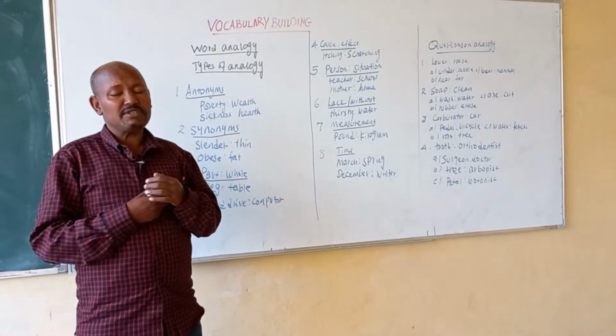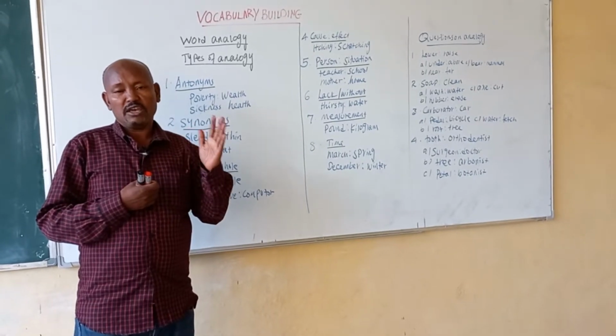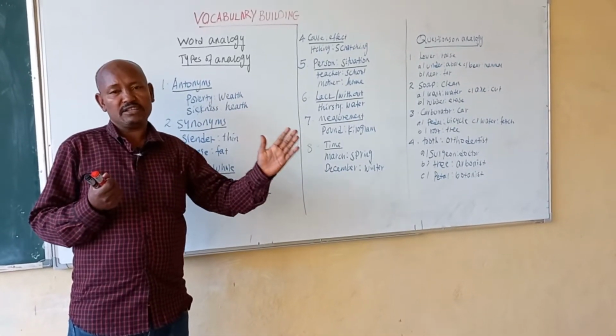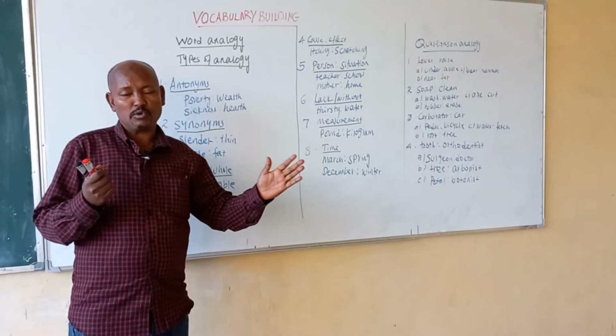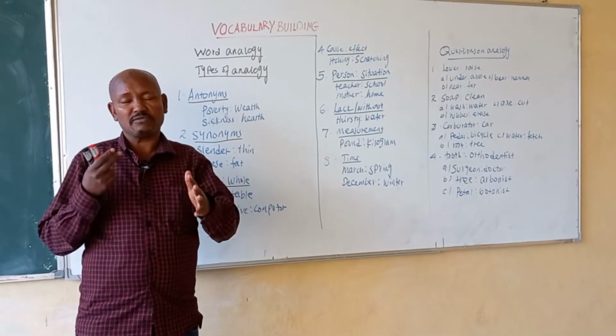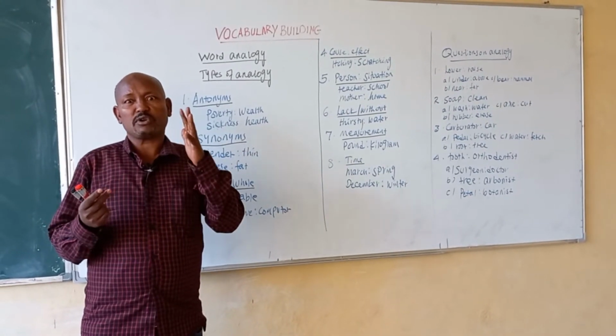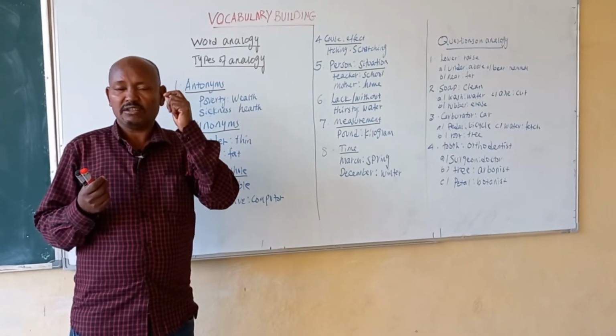We have different techniques, strategies, or types of how one word is similar to the other word, how one word corresponds with the other word. We need such strategies to understand our vocabulary knowledge.